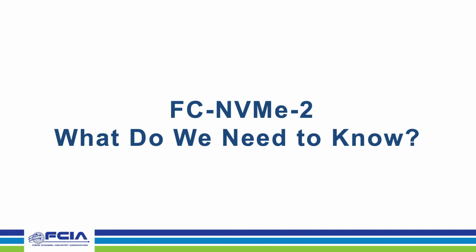What's going on there? What's defined in FC-NVMe-2 is a concept called sequence level error recovery. And the whole idea here is to be able to create a recovery mechanism when devices are communicating with each other and a frame is lost for some reason.